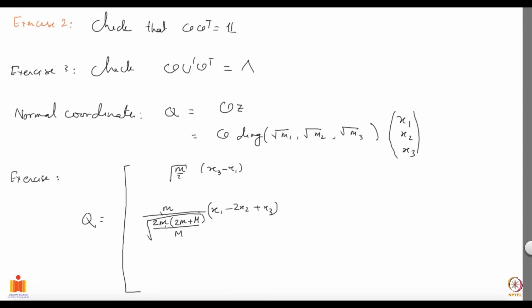Now see, this is M times m, so m square divided by mass, it becomes m. So there is a mass in the square root and there is a mass in the numerator. Okay, and so this works out.